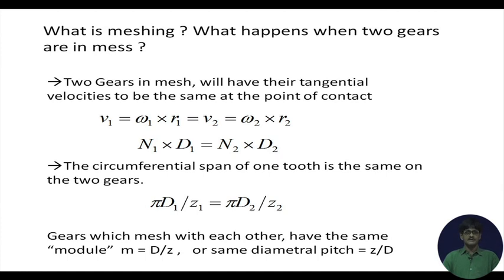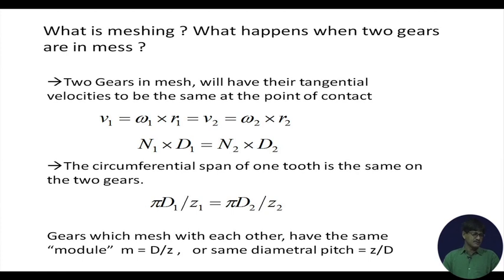Diametral pitch is equal to z by d, basically it means the same thing, where z is the number of teeth and d is the pitch diameter in inches. So, first of all we establish that gears which mesh with each other have the same module in the metric system, and they have the same diametral pitch in the inch system, and they would be able to mesh with each other.